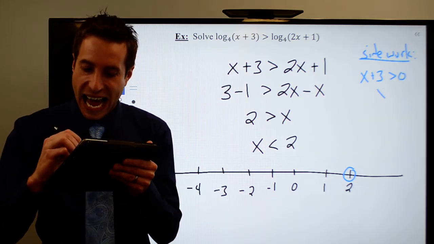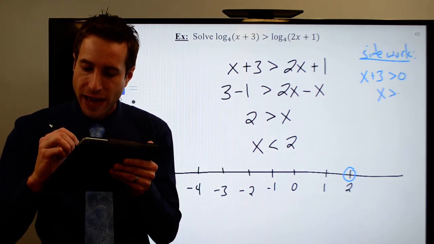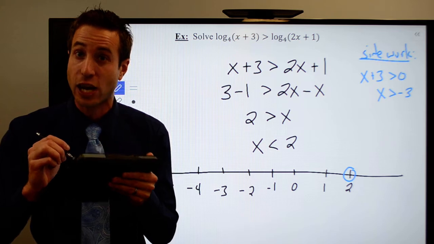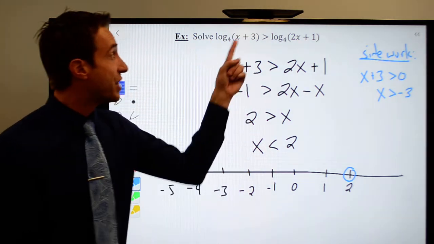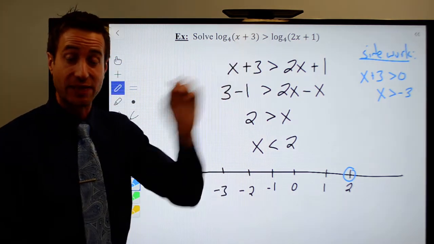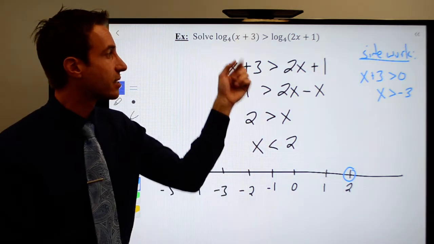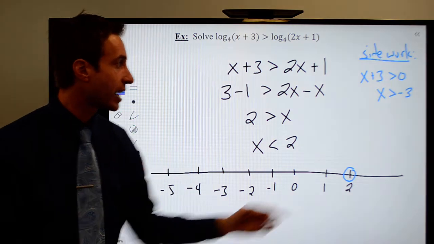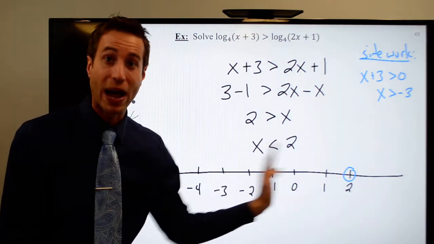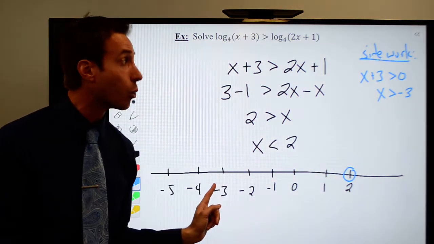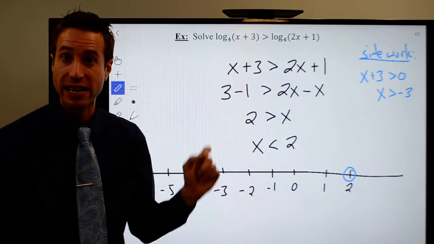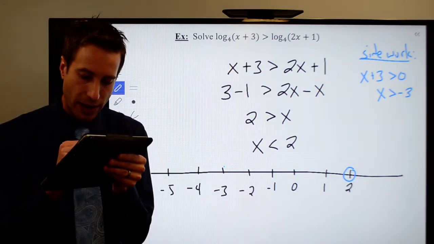Okay, so that means that x has to be greater than negative 3. So right away, this will be 0 or negative if I pick something less than negative 3. So I need all my values of x to be greater than negative 3 to avoid getting 0 or a negative number here. So I've got that right there.